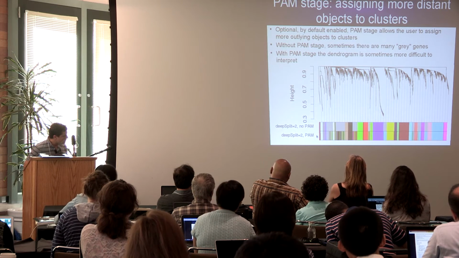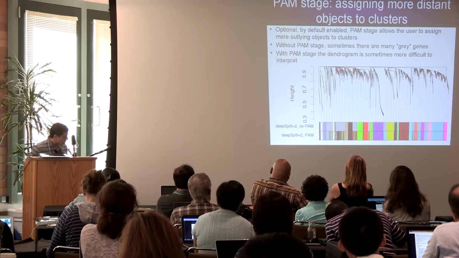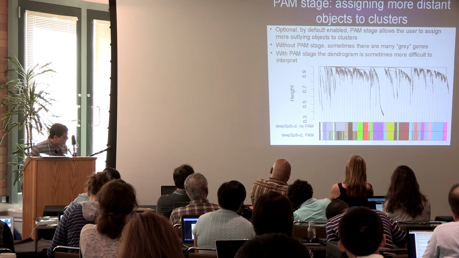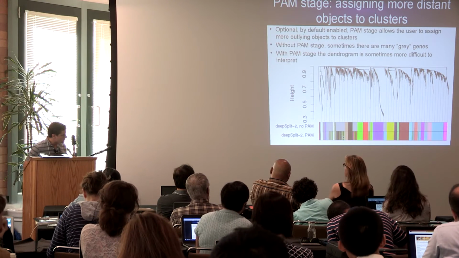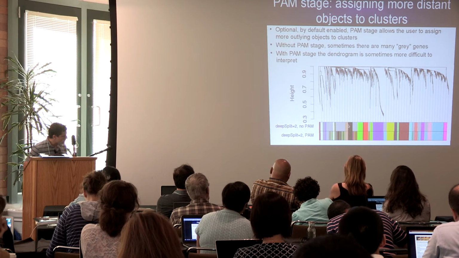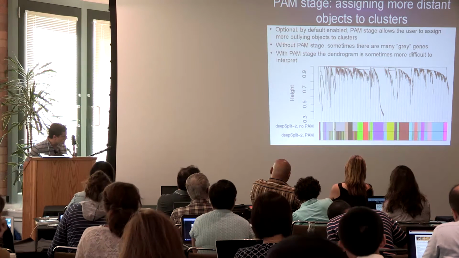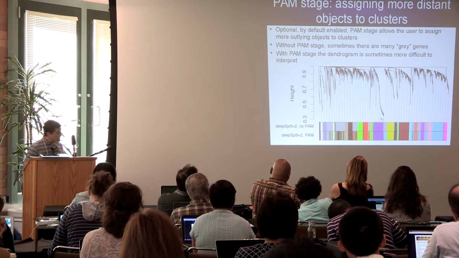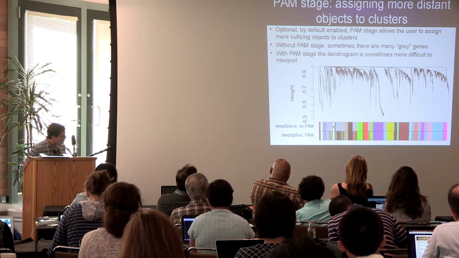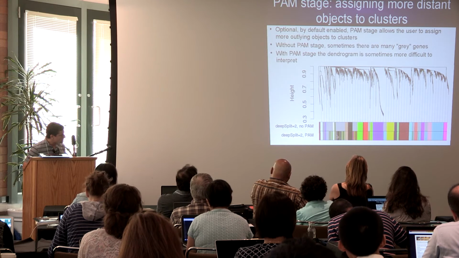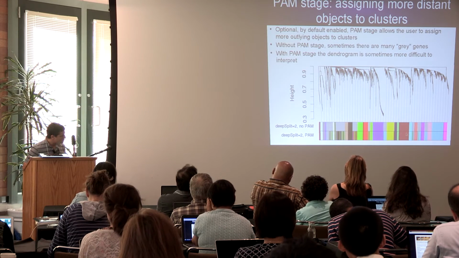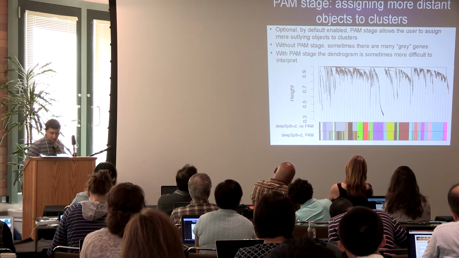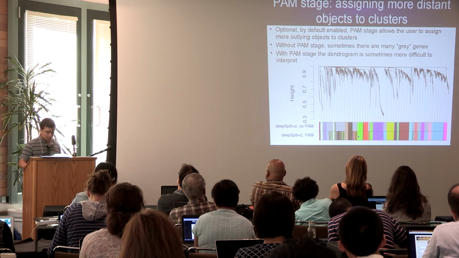So you turn on PAM, the partitioning around medoids, and these genes then get assigned to the nearest cluster, which may not actually be one of these two. It may be one of these, and so on. So a lot of the genes that here would be gray will be assigned to the nearest cluster, which is often advantageous, but sometimes not. I know people who don't use the PAM stage, period.